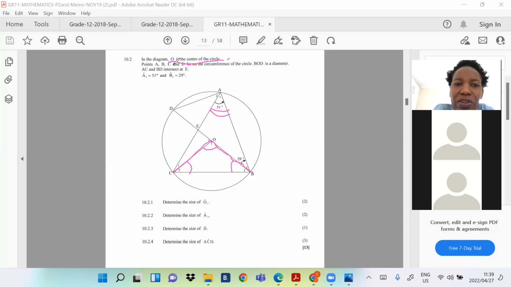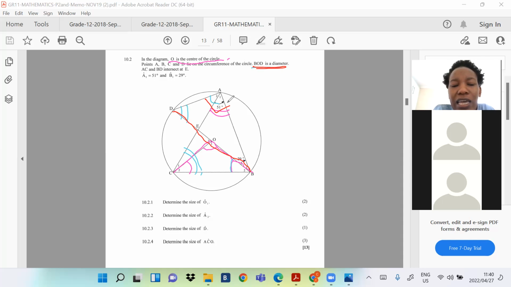Then they say points are on the circumference, so they form a cyclic quad. That means you can take out these angles being equal. They say BOD is a diameter, so that must be 90 degrees.